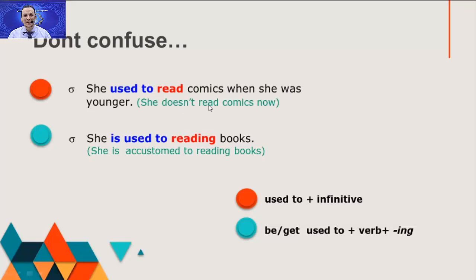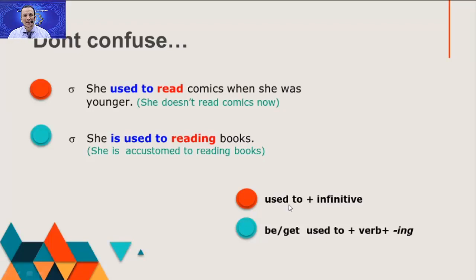It means she doesn't read comics now. She stopped, it's finished. But the second one, she is used to, is followed by a gerund, verb plus ing. It means she's still reading books until now. So she is used to reading books. She is accustomed to reading books, in the past and until now.